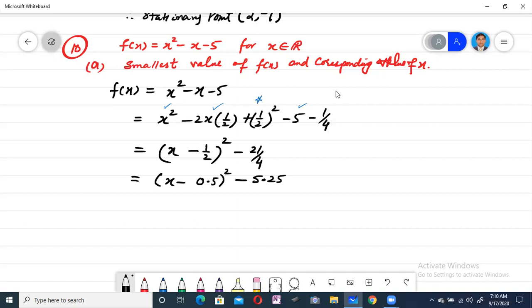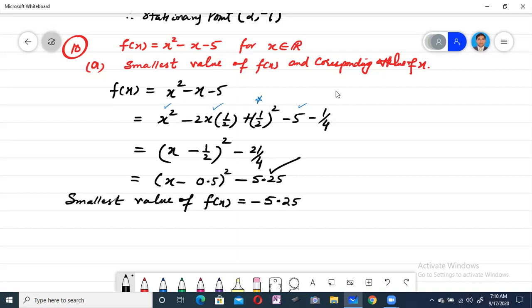Now for the smallest value. Smallest value of f of x is minus 5.25. This is the smallest value. How we are getting the smallest value? We will make the term containing square 0.